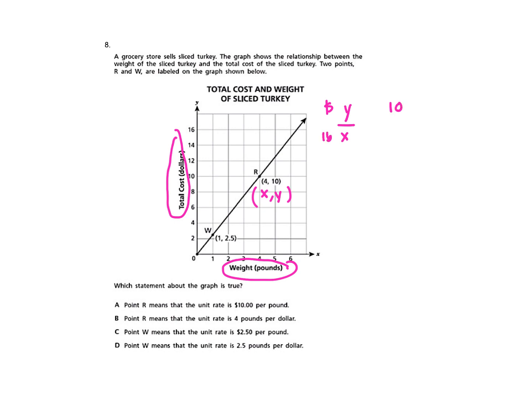So this would be $10 for 4 pounds. So that is not the unit rate. Unit rate means the amount of money for one. So A is not the choice. Next, it says point R means the unit rate is 4 pounds per dollar. That's not true. We get 4 pounds for $10. So that is not what we're looking for.